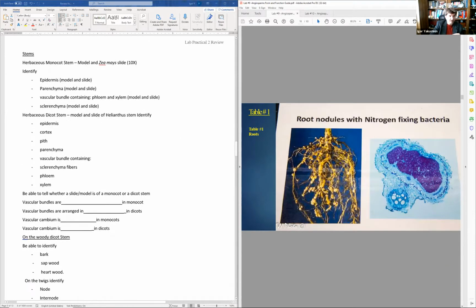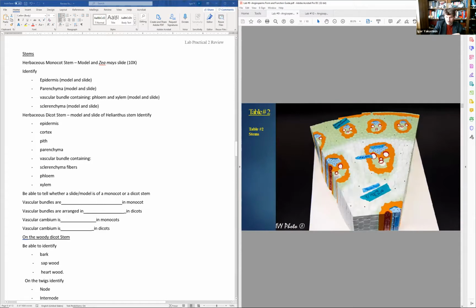Stems: epidermis, parenchyma. So epidermis is the outside, then we have a vascular bundle. Within the vascular bundle you will have phloem, large vessels, and xylem, surrounded by sclerenchyma to reinforce the vascular bundle.